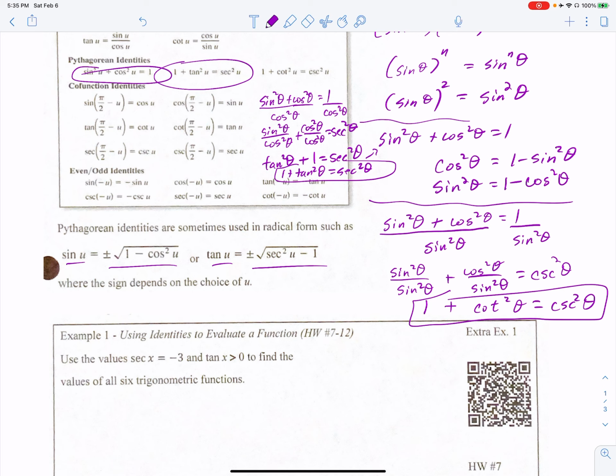So they are rearrangements of those two. And the plus or minus sign will depend on the choice of u, of this u right here, and what quadrant that's in.